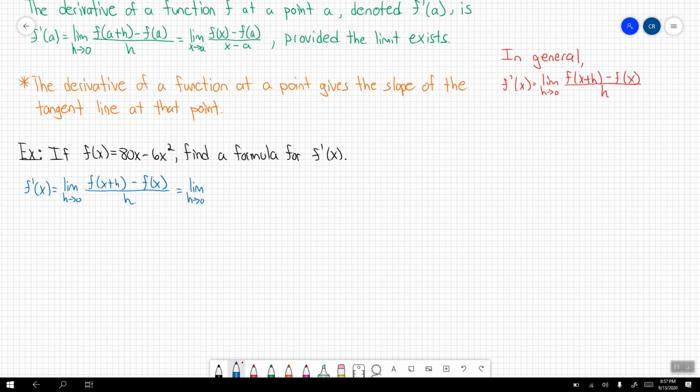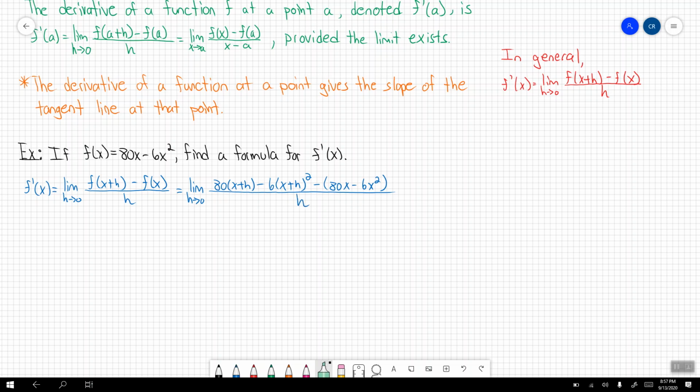If we go ahead and make our substitutions, f of x plus h gives me 80 times x plus h minus 6 times x plus h squared, and then we subtract my f of x value, which is 80x minus 6x squared. All of this is divided by h.